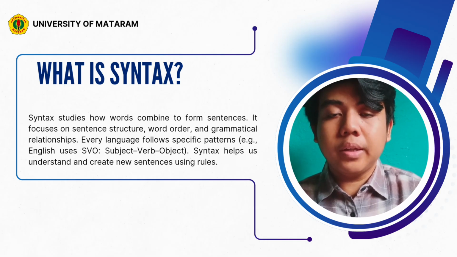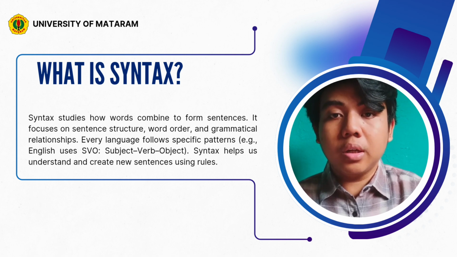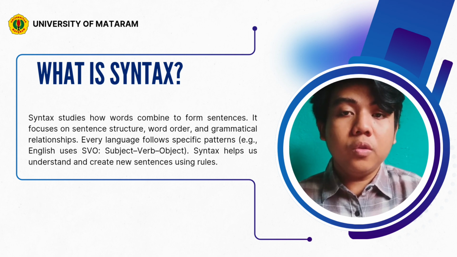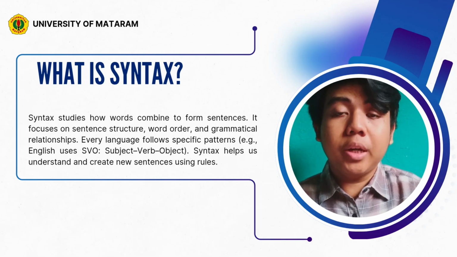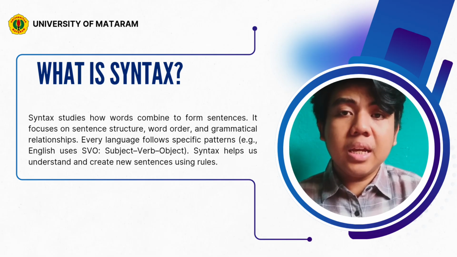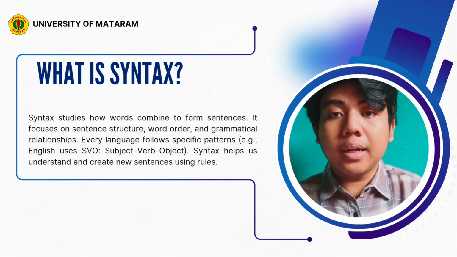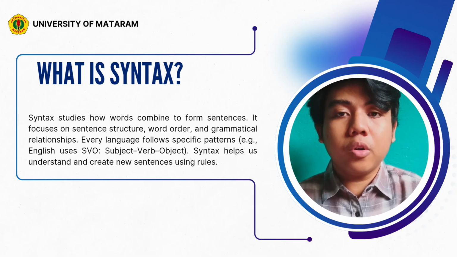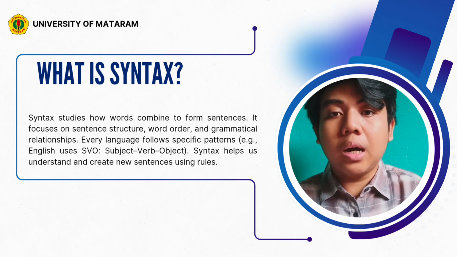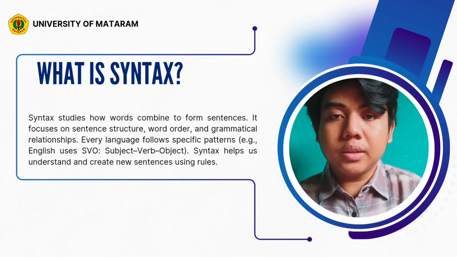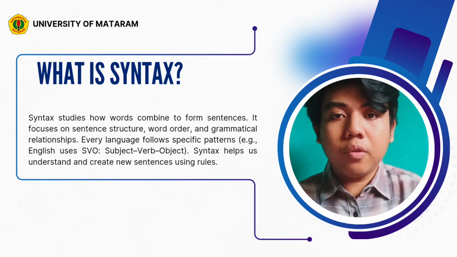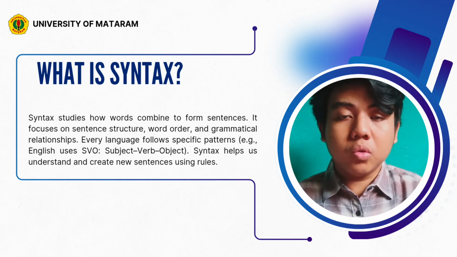For example, English uses the SVO pattern, which means subject, verb, and object. And syntax helps us not only understand how sentences are formed, but also how we can create new sentences correctly by following these rules.